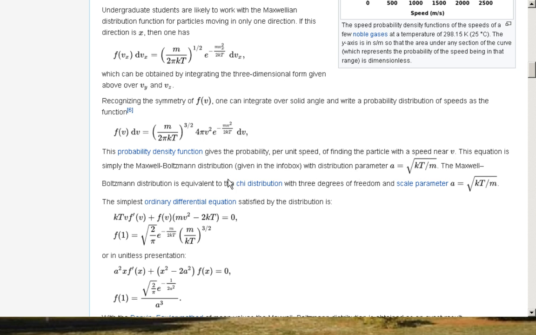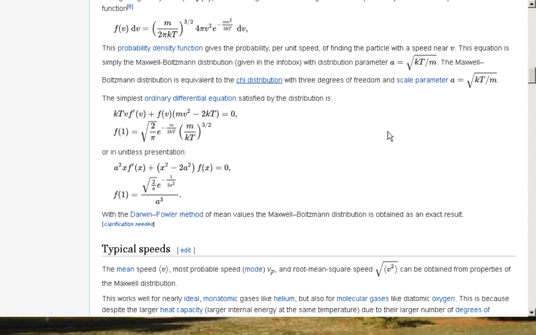This equation is simply the Maxwell-Boltzmann distribution with a distribution parameter of a equals the square root of kT over m. The Maxwell-Boltzmann distribution is equivalent to a chi distribution with 3 degrees of freedom. The simplest ordinary differential equation satisfied by the distribution is this.